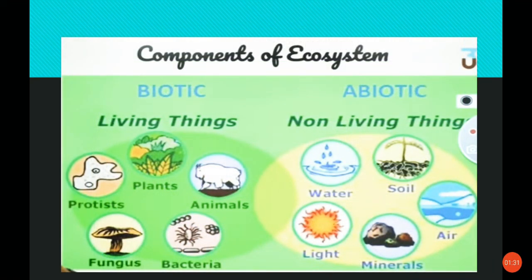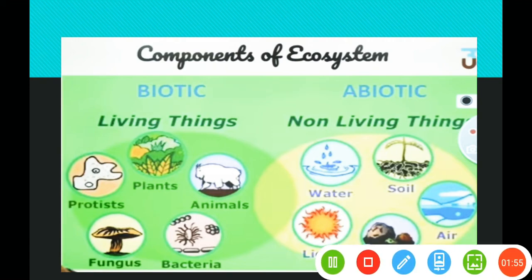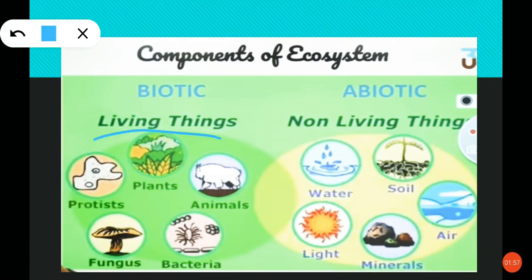And the components of an ecosystem. So what are the components? Here, biotic components and abiotic components. As you can see, living things and non-living things. Living things are biotic components and non-living things are abiotic components. Living things means plants, animals, bacteria, fungus and protists.